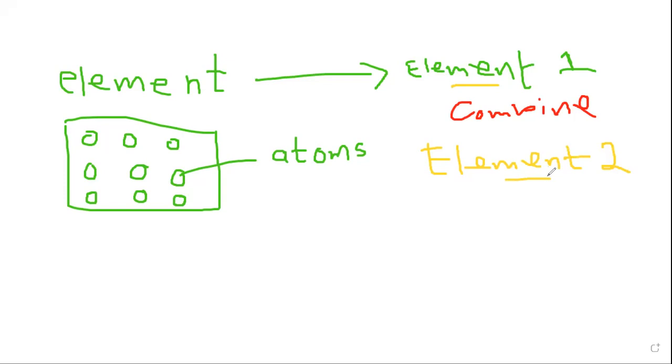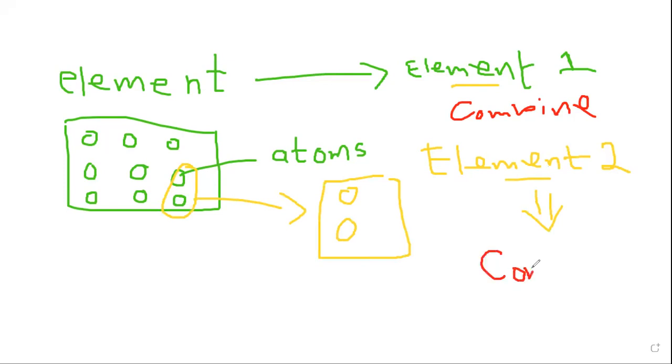An atom is what takes part in a chemical reaction. So the atoms inside there will combine with atoms of another element, and together they form what we call a compound. So atoms of the same kind form an element.